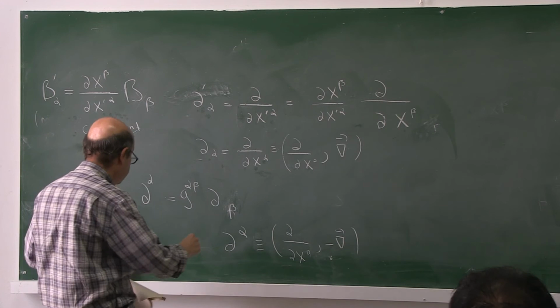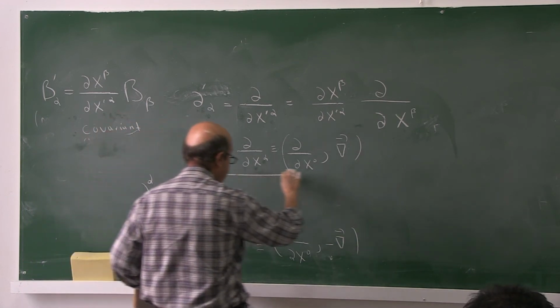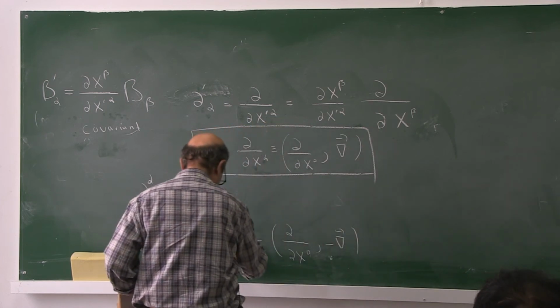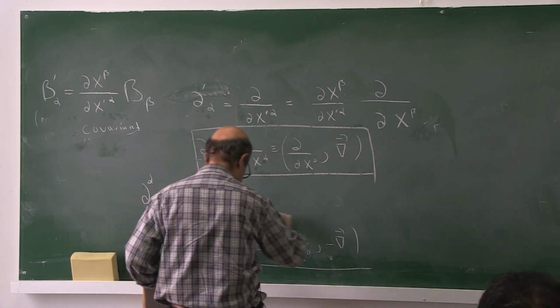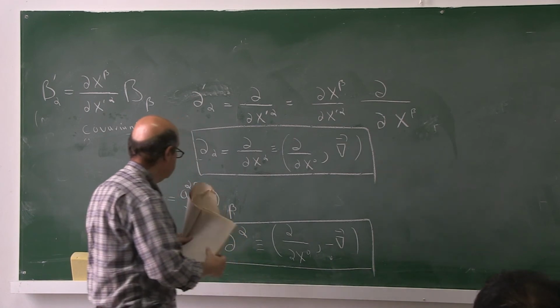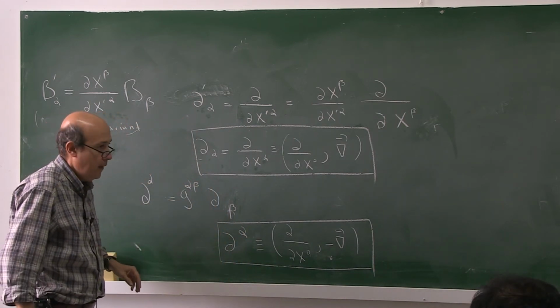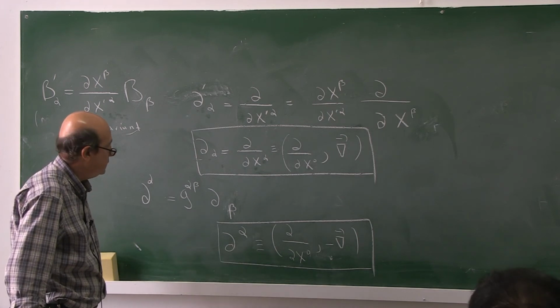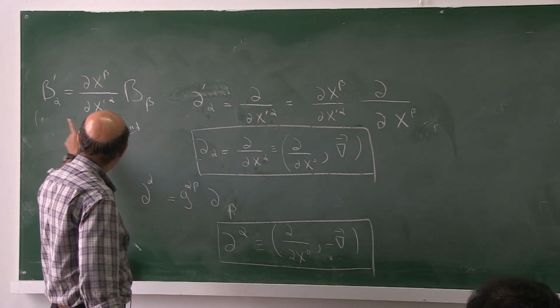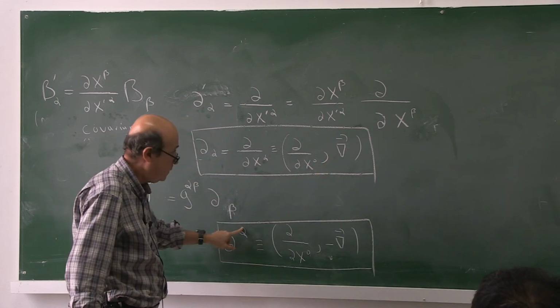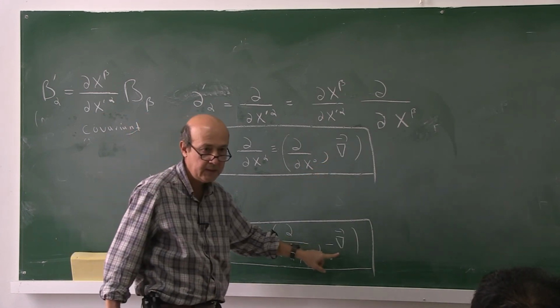The next thing I will show you is why this is very important. Maybe you saw already, I don't know. Index down is covariant, but the space part is positive. Index up is contravariant, but the space part is negative.